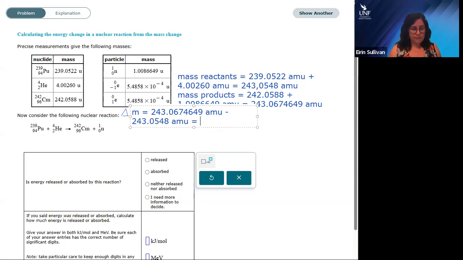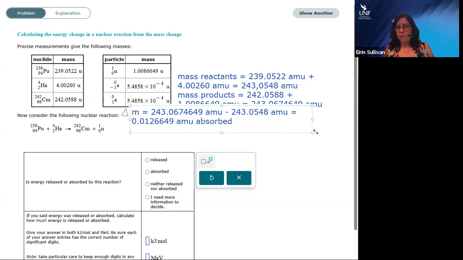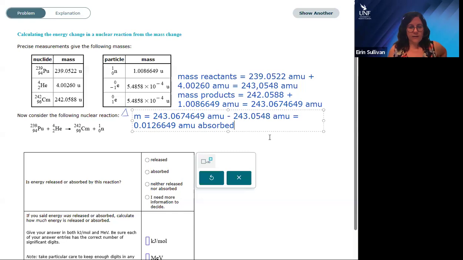If we give a mass difference, if it's positive, that's going to be energy being absorbed, and we do get positive 0.01266649 AMU, and that is going to be absorbed because the products weigh more than the reactants. All right, so I guess that answers the first part of that question.